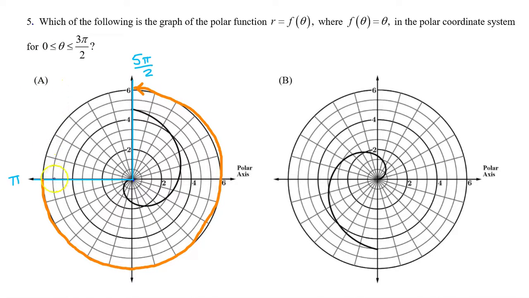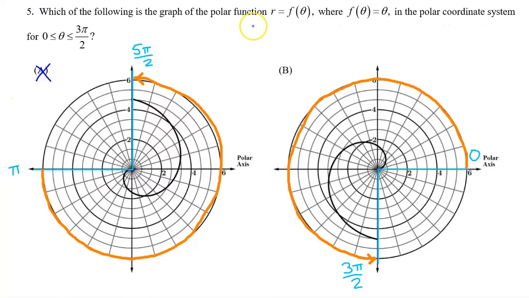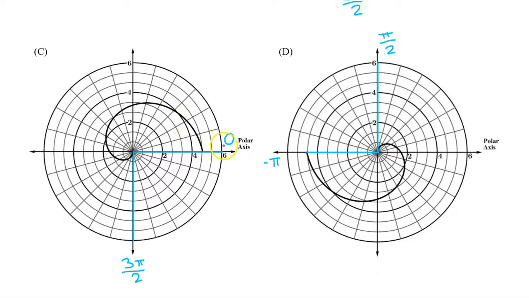Option A spirals from pi to 5 pi over 2. Nope. Option B does spiral from 0 to 3 pi over 2. That's exactly what we are looking for, so the answer is probably B. Option C involves 0 and 3 pi over 2, but it is spiraling in the wrong direction.